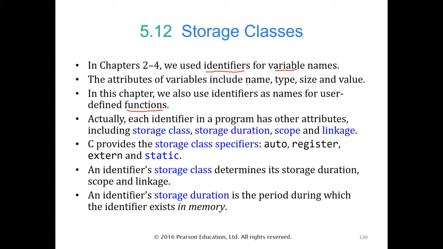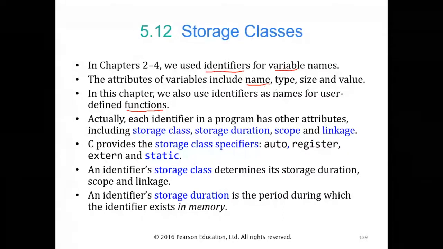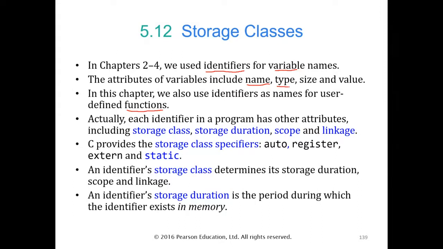If we're looking at variables, you will remember that a variable has some characteristics associated with it. First one is the name of the variable, in this case the identifier. We could have whatever identifier for our variable. Then the other characteristic is the type of variable.